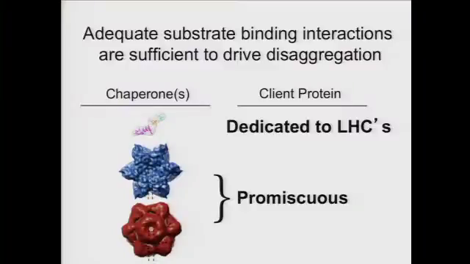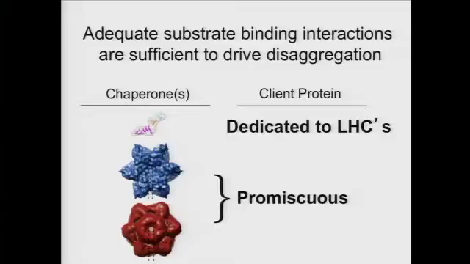So after a lot of thinking and observations, this is the way that we are trying to explain it right now. The difference fundamentally lies in the different client proteins that these different chaperones are dealing with. Well, if you look back at evolution, what you realize is that our little chaperone sort of co-evolved with the emergence of light harvesting complexes in green plants.